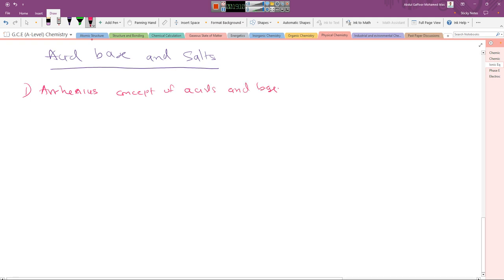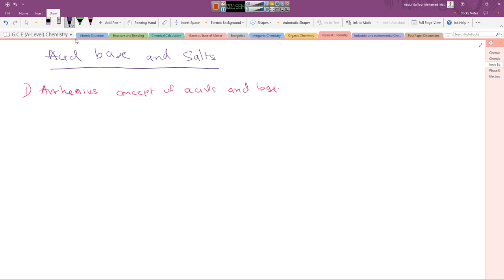Then we will move to the Bronsted-Lowry definition of acids and bases, and finally Lewis acids and bases, which is also not new to us. We have already studied Lewis acids and bases in our second unit, bonding and structure. I think only the second definition will be new to you. So first we will talk about the Arrhenius concept of acids.